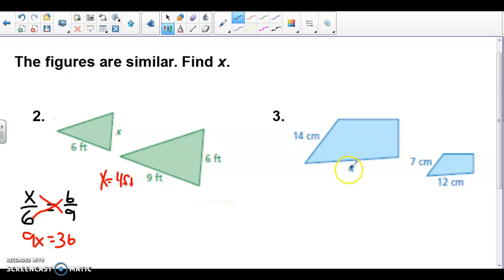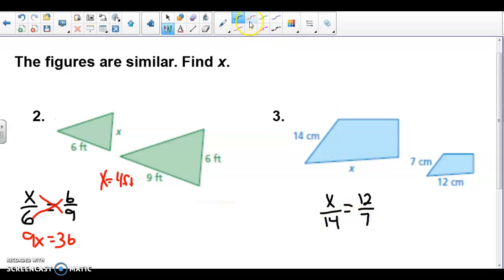Alright, now for this one, I'm going to choose to do x/14. And if I was doing x/14, it's like I'm doing the bottom one over the slanted one. So I do the bottom one, which is 12 on top with the x, because that's what corresponds with it, over the 7.